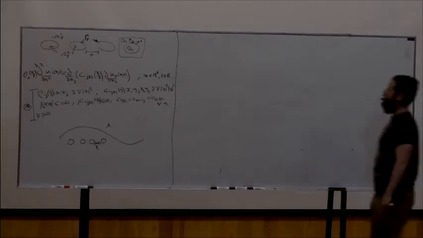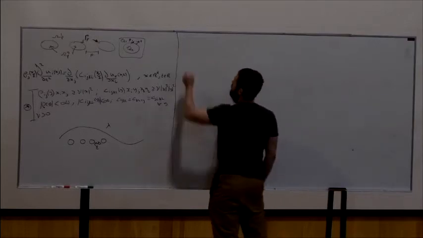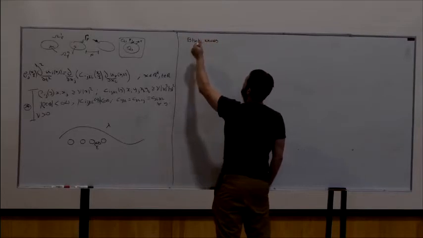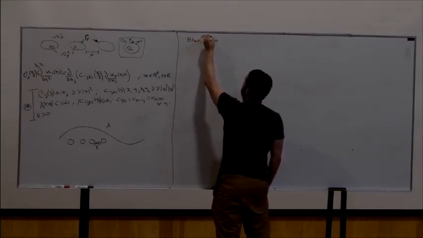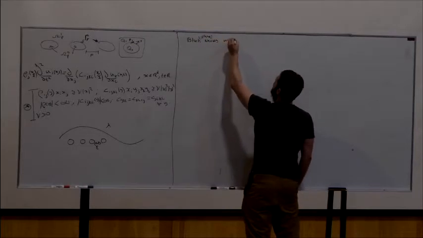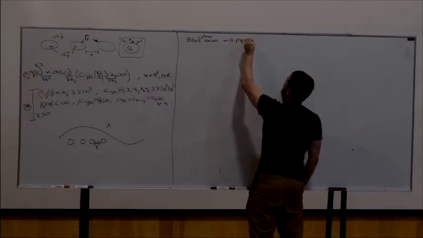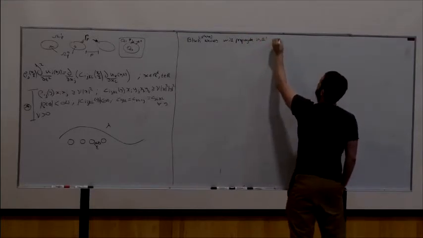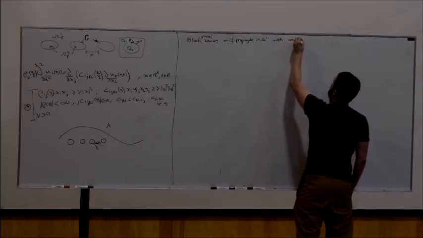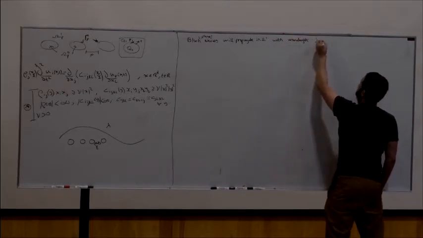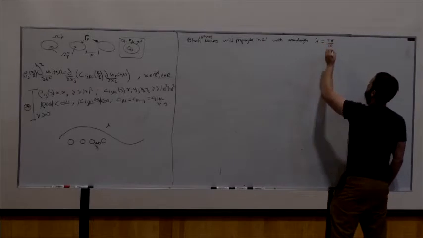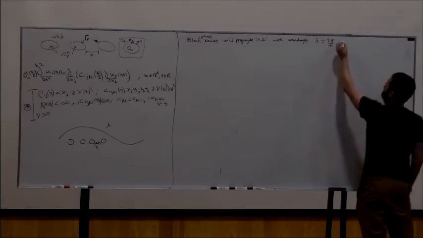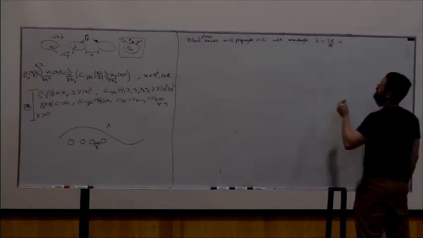If we remember from our last few lectures, Bloch waves are actually plane waves, which propagate in the material with wavelength lambda given by 2 pi over k. We showed for a homogeneous material, k is just proportional to omega, and the constant of proportionality is given by the coefficients of the material.